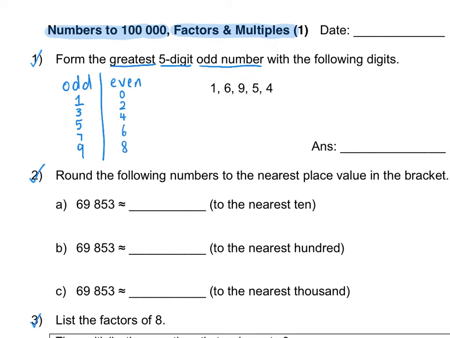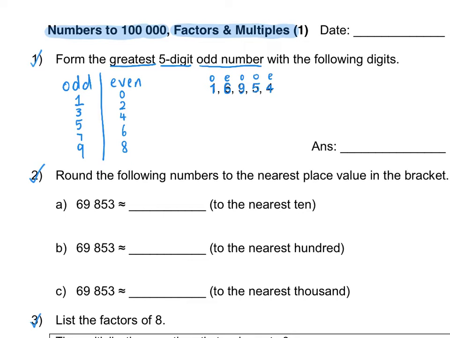Okay, so let's take a look at the digits given. Digit 1 will be an odd number. Digit 6, even number. Digit 9, odd number. Digit 5, odd number. Digit 4, even number.